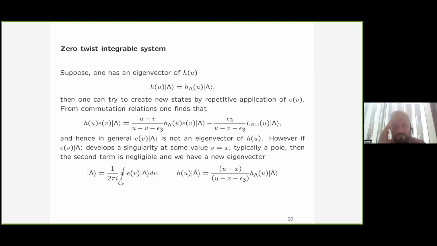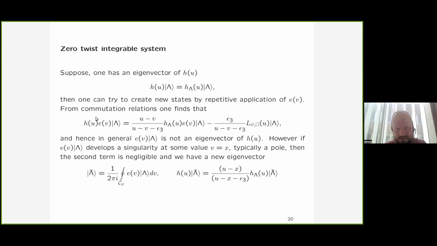But suppose that this action on Lambda has some singularity, basically a pole at some value of v, which depends on Lambda. Let's denote this point x. Then the second term of this commutation relation cannot have this pole.